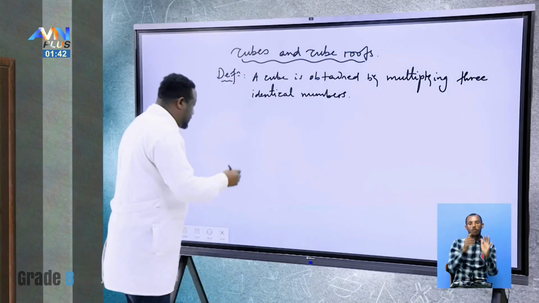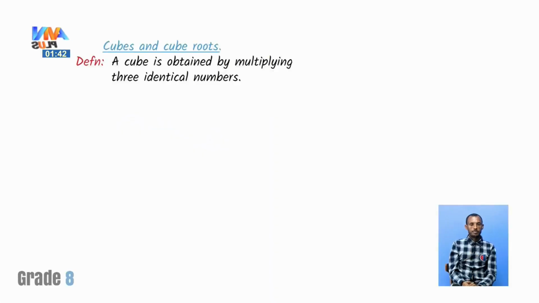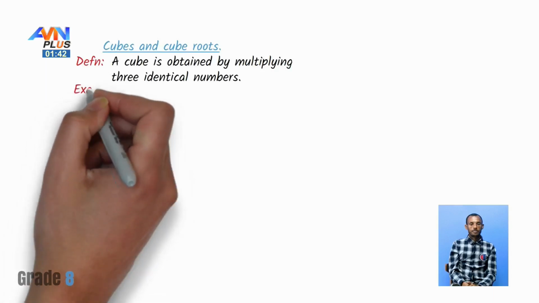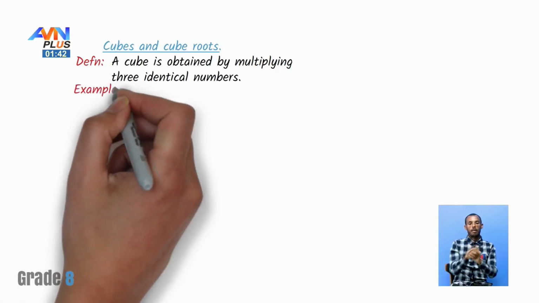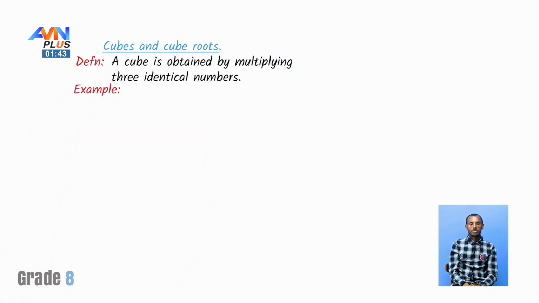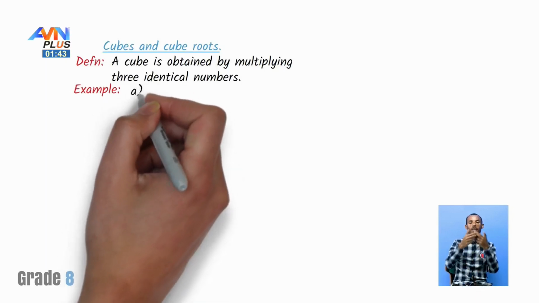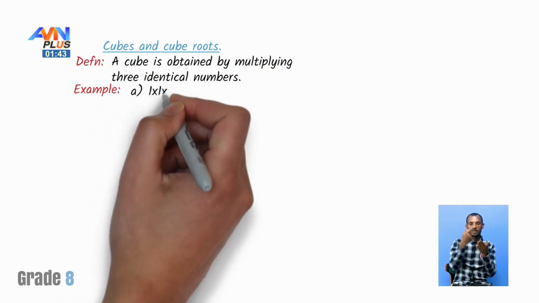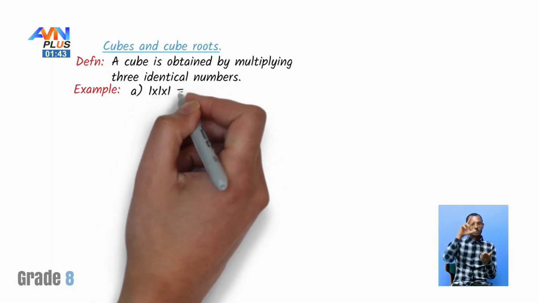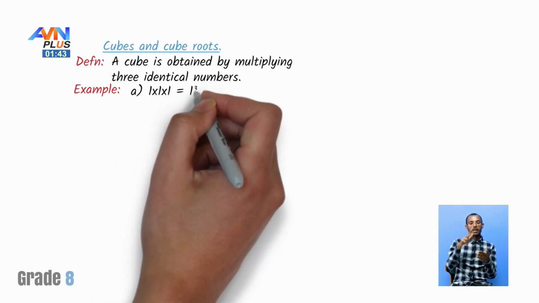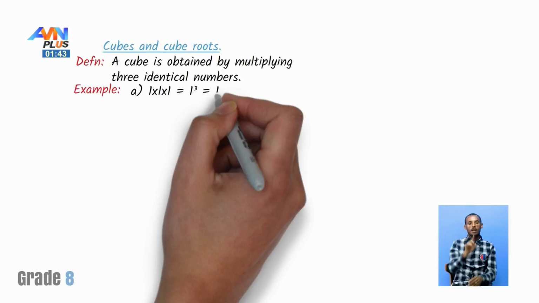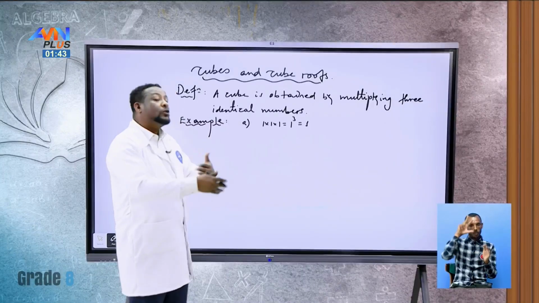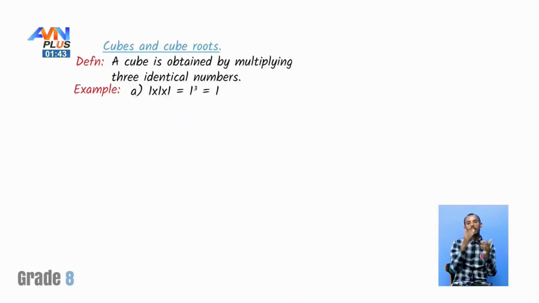For example, 1 times 1 times 1, usually we write this as 1 to the power of 3. The product of these three identical numbers is 1. Okay, this is an example of a cube. Let me give you some more simple examples of cubes.